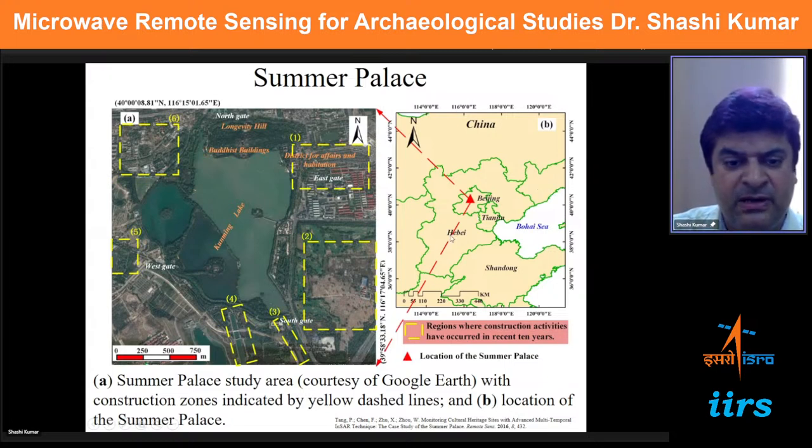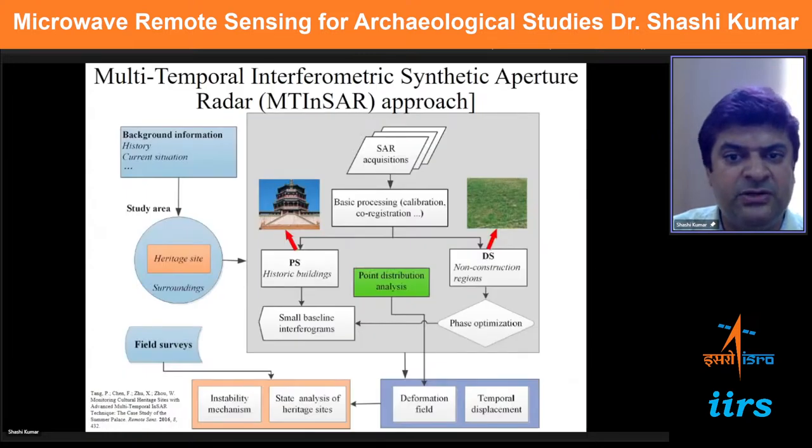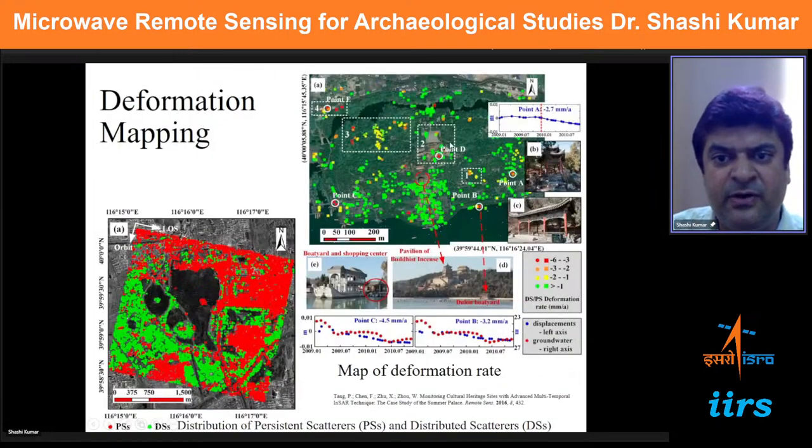This was the methodology: the SAR data sets were calibrated and co-registered, persistent scatterers as well as distributed scatterers were identified, and finally the deformation was measured. This is the Summer Palace area deformation map. Here we found that deformation is there, with a subsidence rate of approximately 6 millimeters per year.